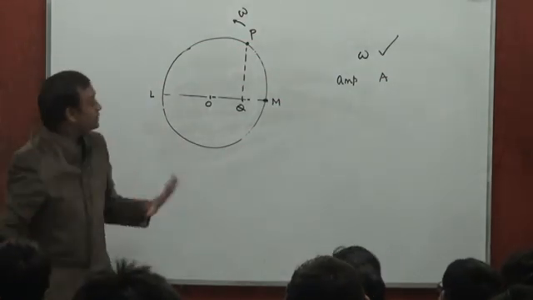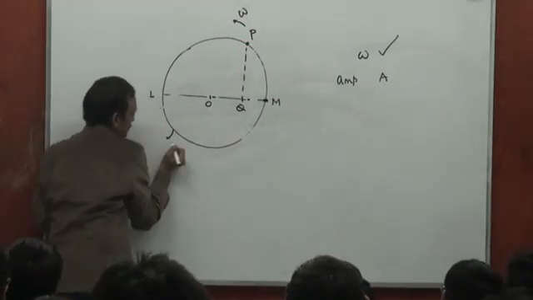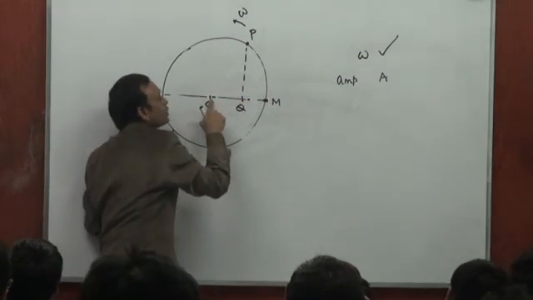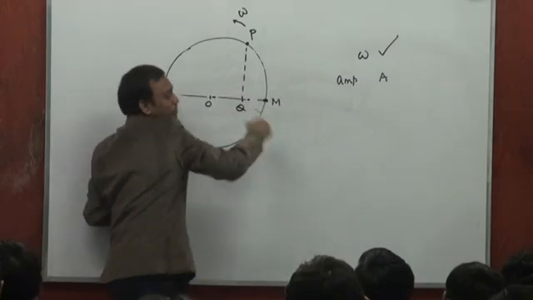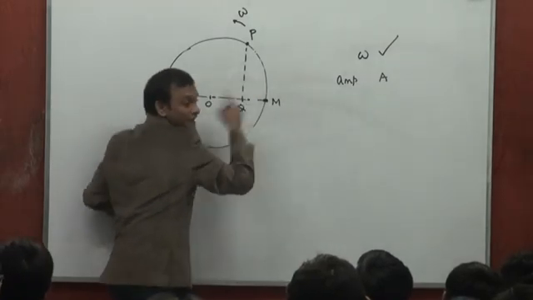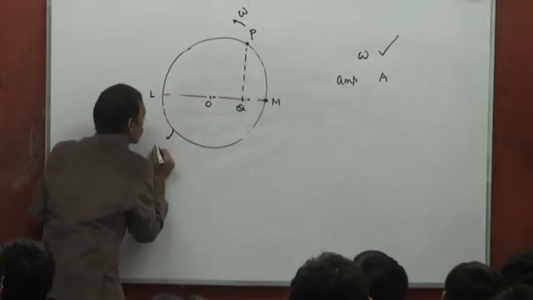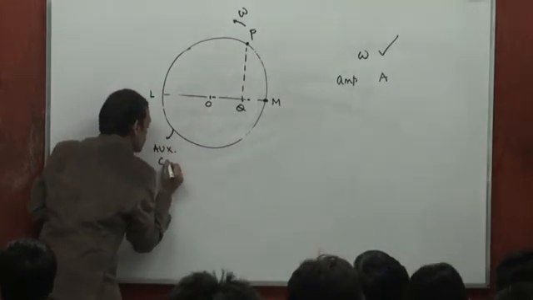Yes or no? Right? This circle, which is constructed with center as the mean position and radius equal to the amplitude of the oscillator, is called an auxiliary circle.